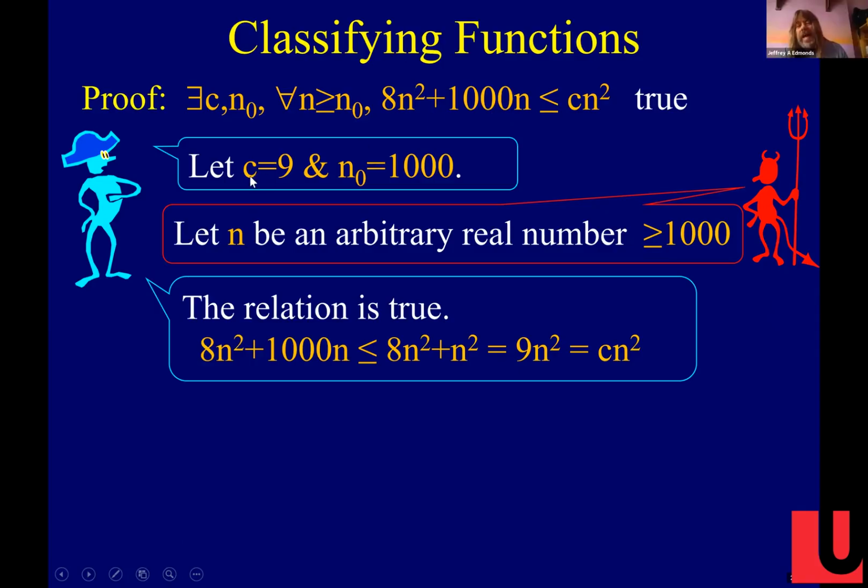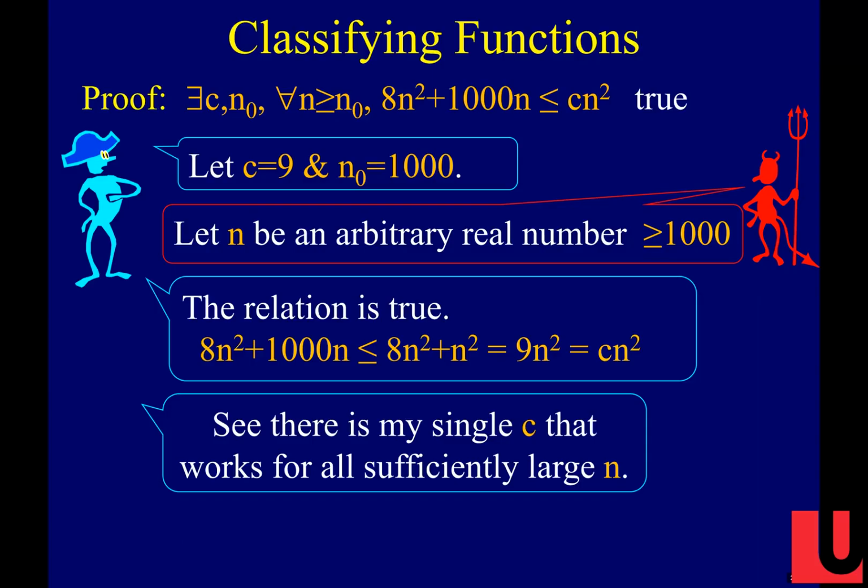What happens if C was 1008? Then n naught could be 1. So there's a trade-off between the C and the n naught. It's not even a unique answer. If I made C be 1008, then this is true for every n bigger than 1, so I would make n naught be 1.